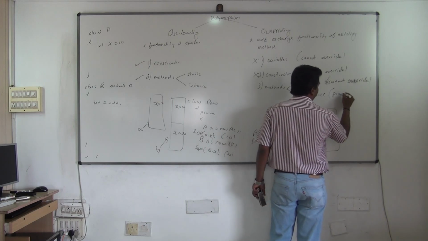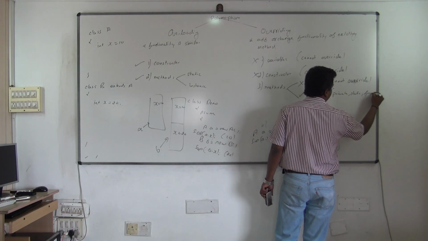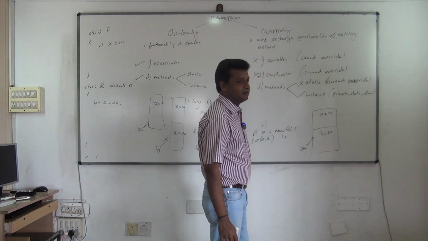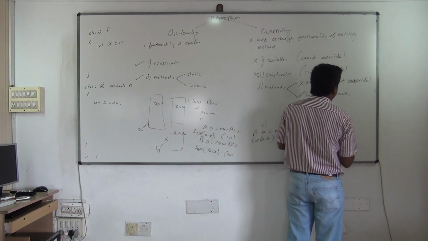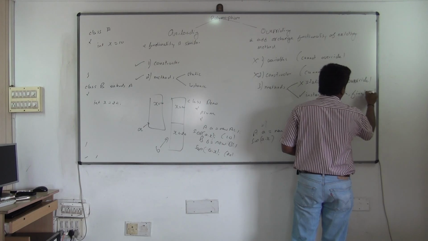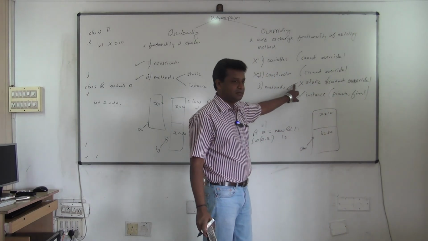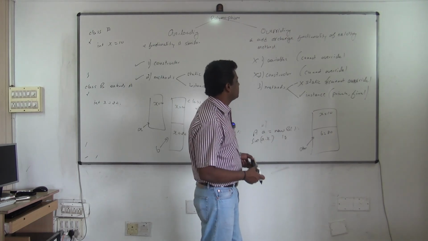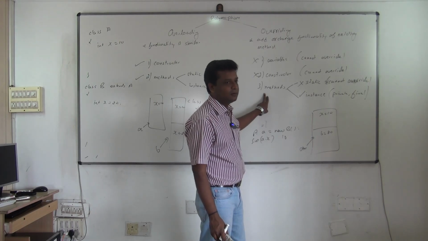Which ones? Private, static, final. These you can't override. You can't override private, static and final methods. Sorry, instance methods that are private and final. Static I already wrote, so you can override only this. Clear? That's it. So your Java supports only method overriding. You should know what to overload, what to override.